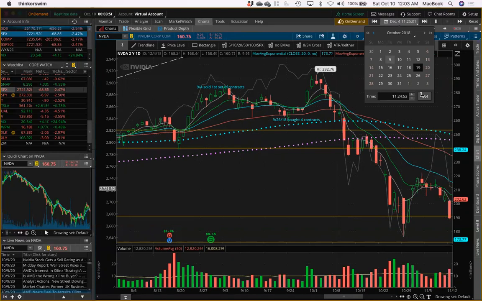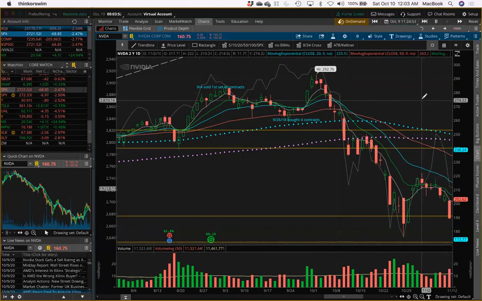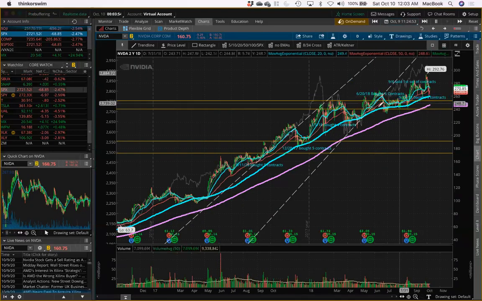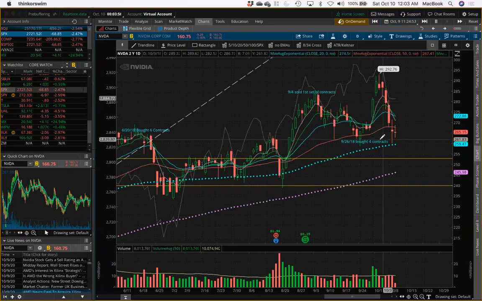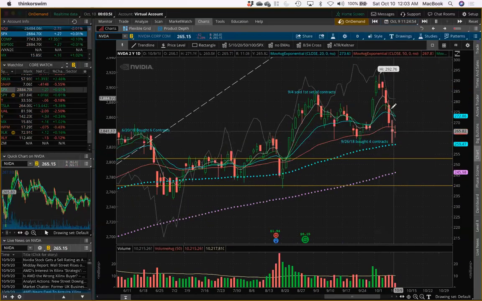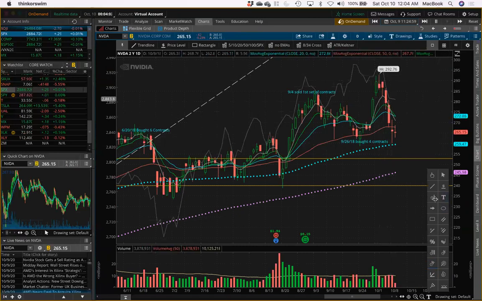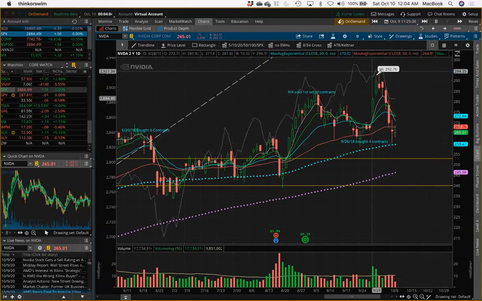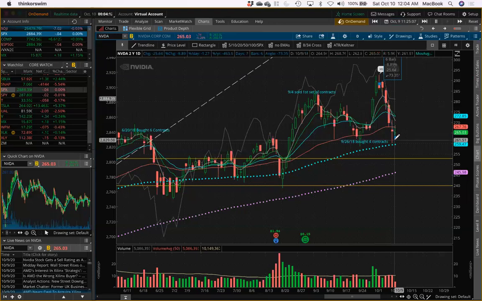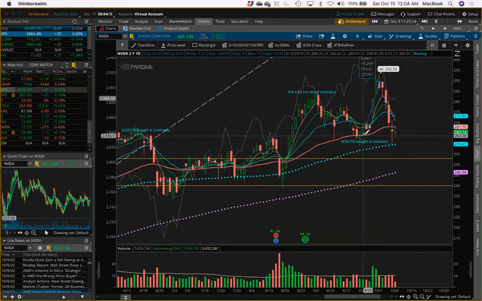10-9. What's this drop? Regression line. What's this drop? Come on. 10%. A 10% correction. You just entered here on 9/26, right?